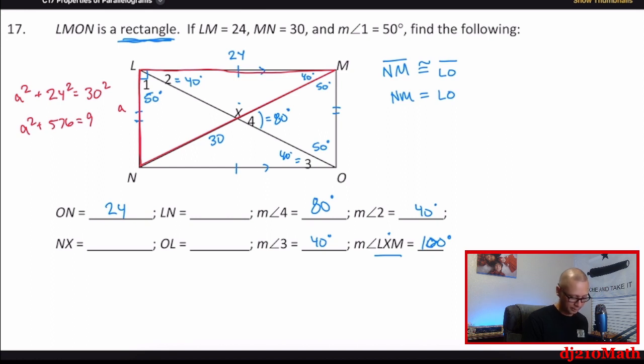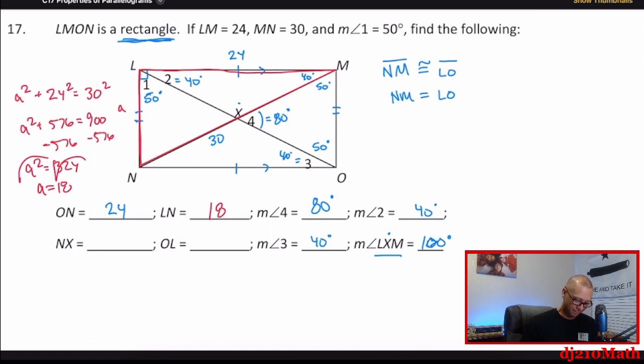So 3 times 3 is 9, two zeros. So 900 minus 576 is equal to 324. So a squared is equal to 324. Is that a perfect square? That's the question. It is. It's 18. So when you take the square root of both sides, a is equal to 18, which means LN is equal to 18.